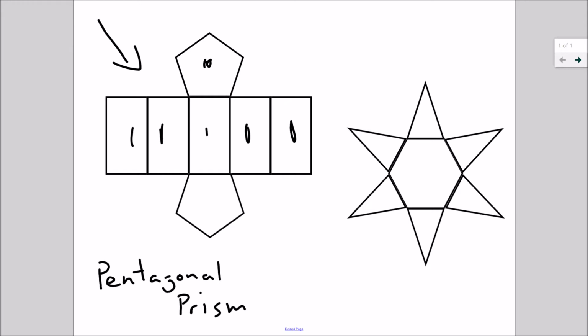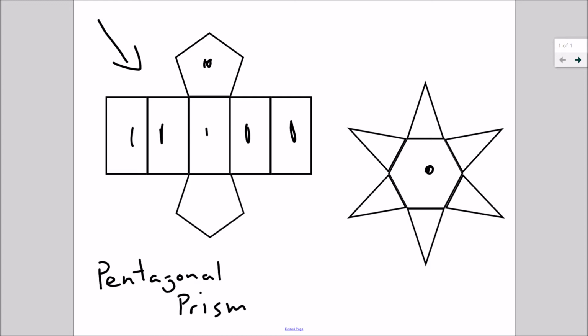Now for my second shape, please excuse that it's a little bit crudely drawn. It's a hexagon, a six-sided polygon, which extends through a bunch of triangles. Just like last time, I know two things from this. The first thing is that the base shape is a hexagon, and the second is that the thing that makes it 3D is going to be a triangle.